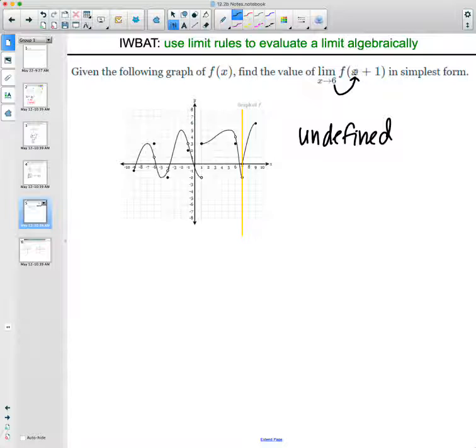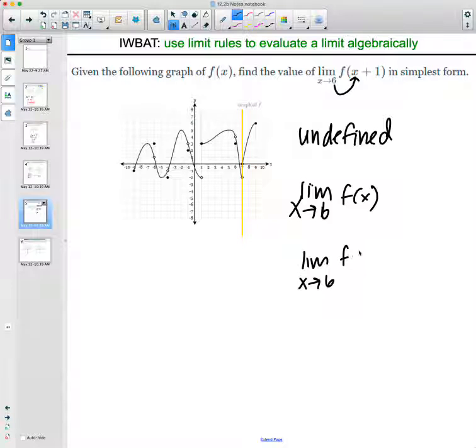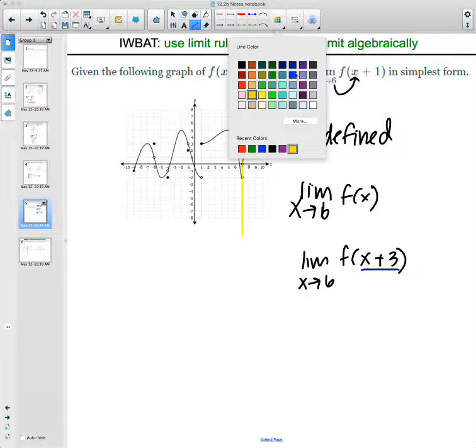So when you've got this x plus 1 inside the function, as opposed to if it looked like this, the limit as x approaches 6 of just f of x, then we would have looked at 6. But we're doing it of f of x plus 1. So if I was doing f of x plus 3, then I would be looking at 9 in this case.